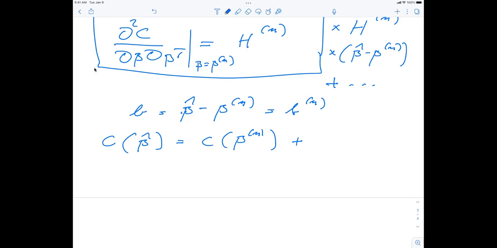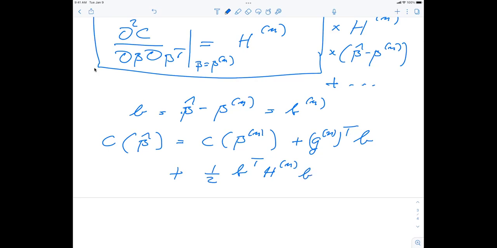So we can rewrite this now in terms of this g of n, iteration n, the transpose of it multiplied with b, plus 1/2, and then I have b transpose times my Hessian matrix, the second derivative of the cost function calculated at that specific value.